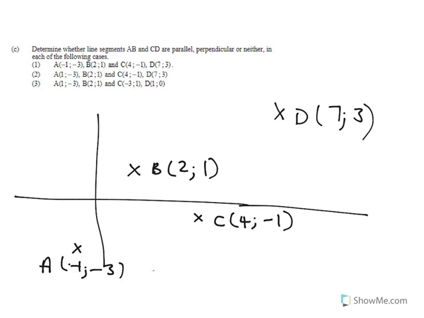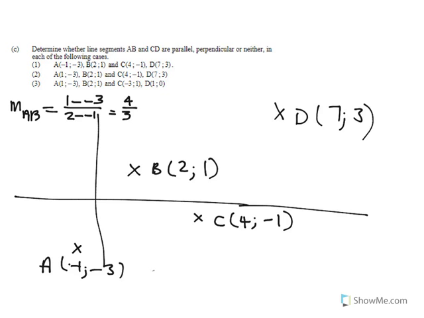Right, and so the question is, are AB and CD parallel? So we'd need to find the gradients. The gradient of AB would be (1 minus -3) over (2 minus -1). So 1 minus -3 is 4, and 2 minus -1 is 3, and that's about as simplified as that gets.